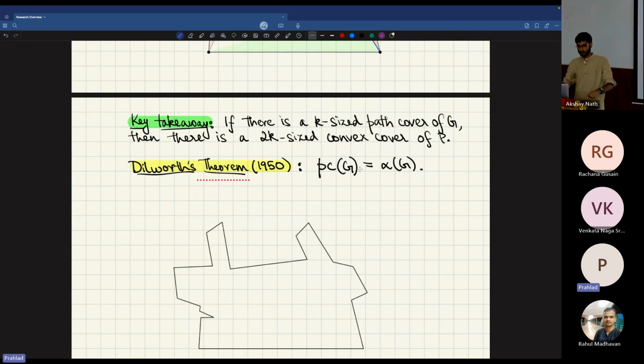So what is the maximum number of points that you can take? So note that a path cover, we said, corresponds somehow to a convex cover, and we'll show that this corresponds to the hidden set, right?